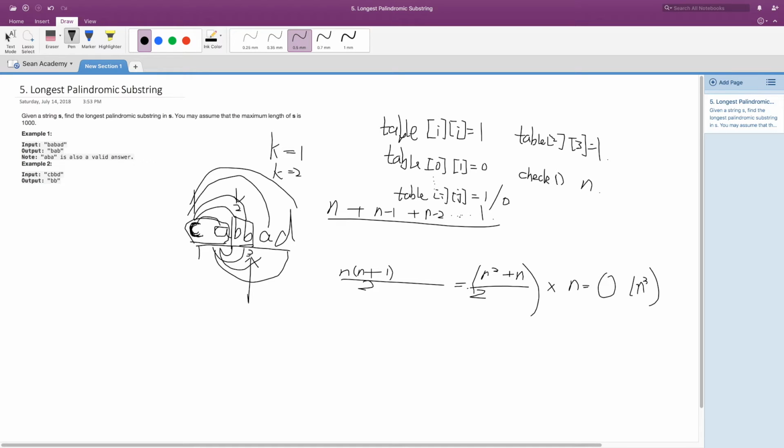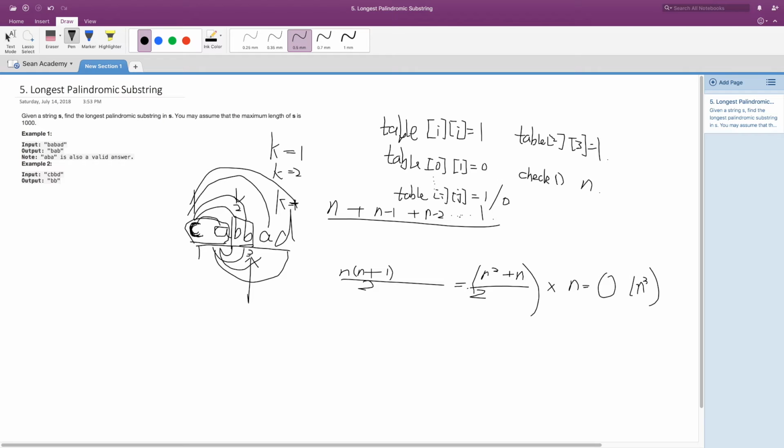So when k increases, we will check whether the previous one equals 1. If it equals 1, then we will check k.